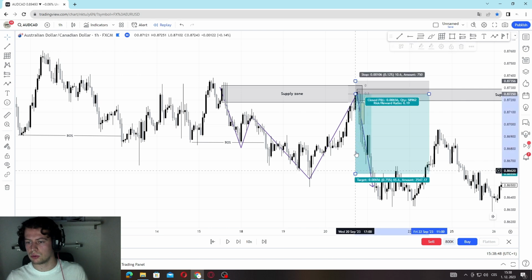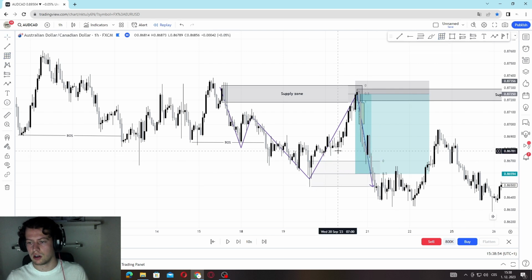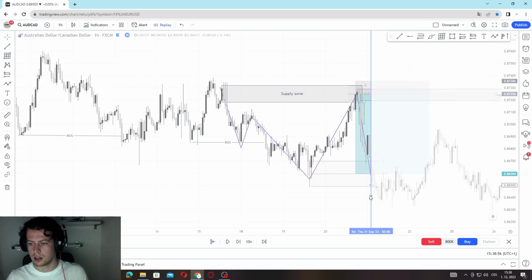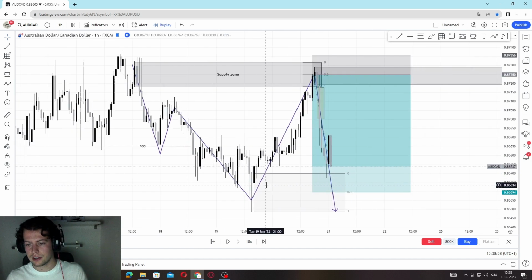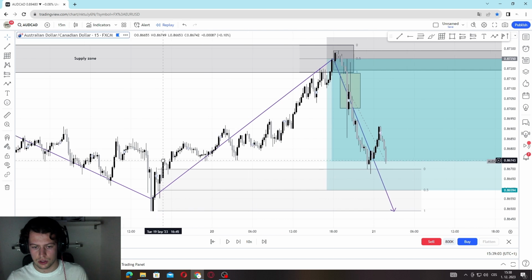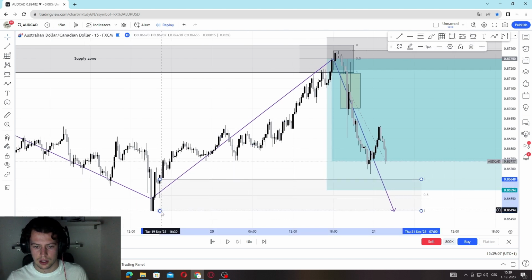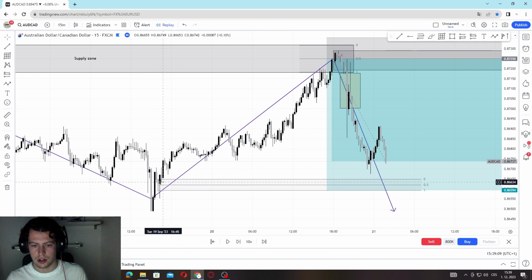So maybe this could also be your zone, but when I refine this zone, I go to the 15-minute, and I will just look, for example, at this, or this could be, this is really small.